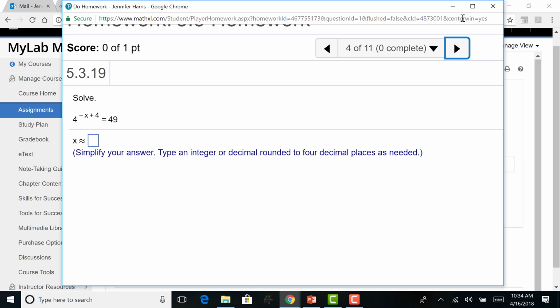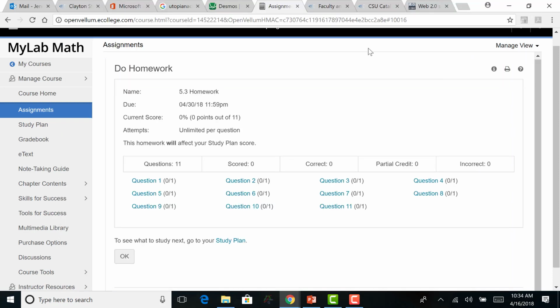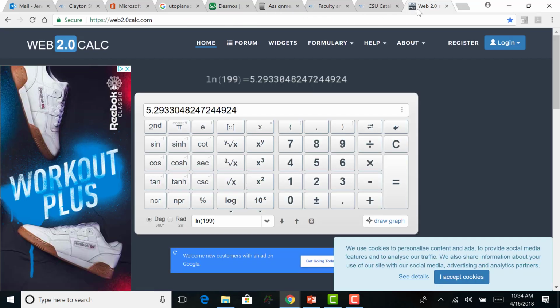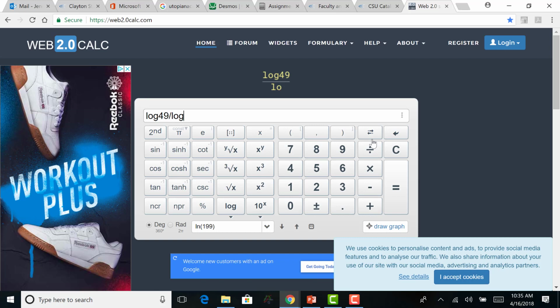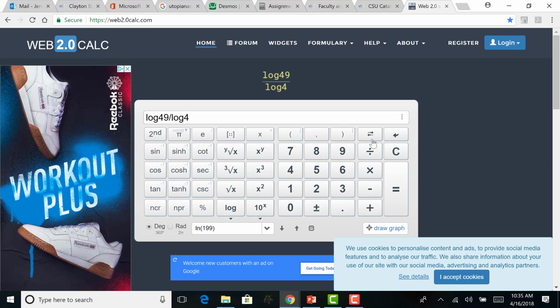So if I go back to my web calc again, where is it? All right, so log 49 divided by log 4. All righty, I typed mine up there.